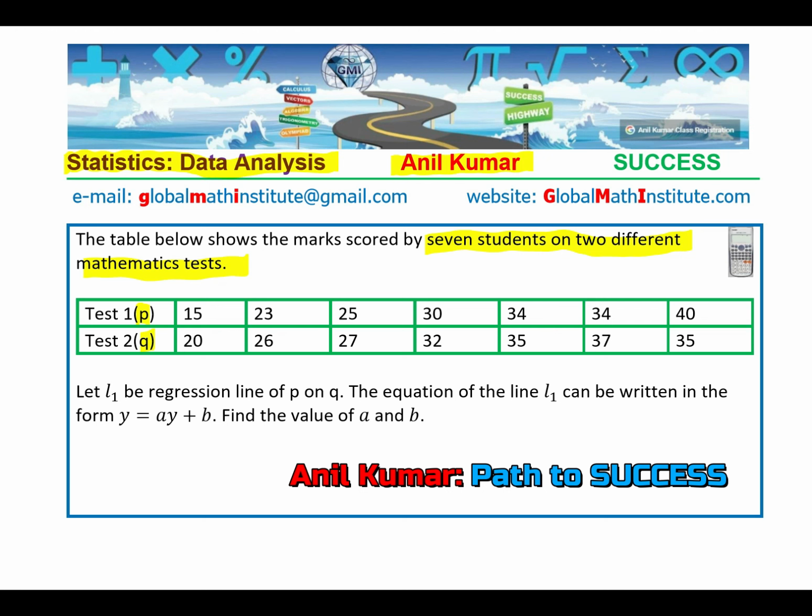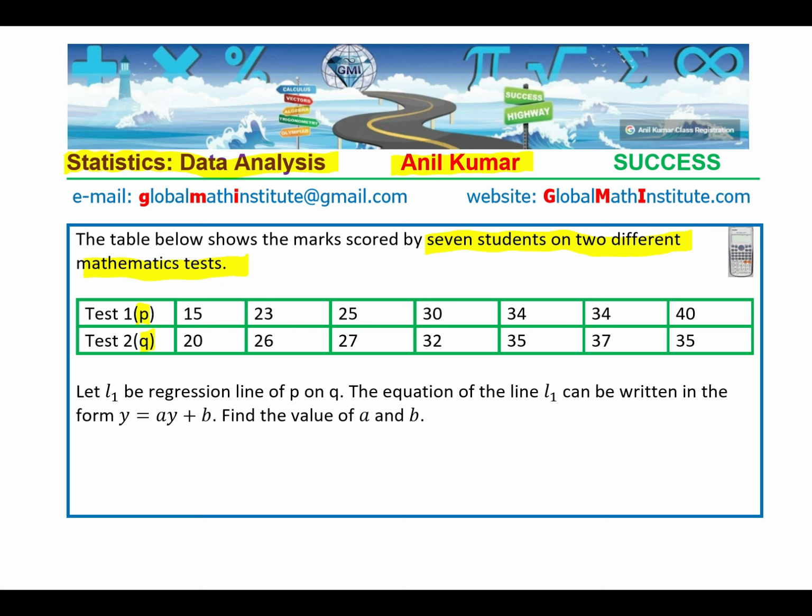So it means that if a student scored 30 marks in the first test, then in the second test the marks were 32, right? So P defines the marks in set 1 and Q in set 2. I hope this part is clear.